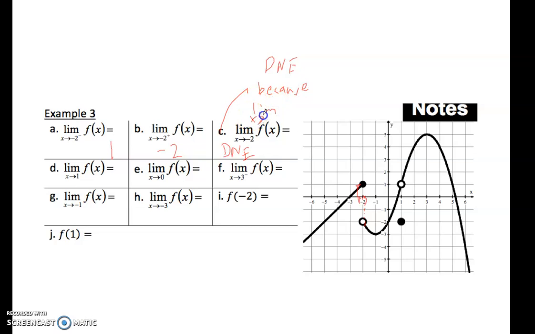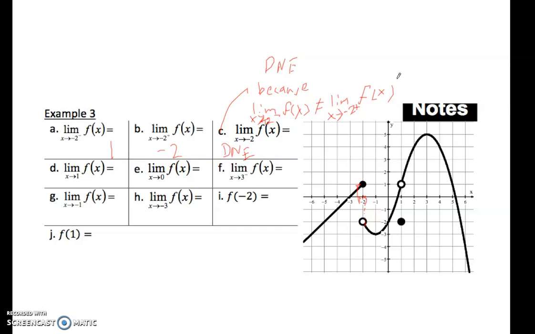Because the limit as x approaches -2 from the left of f of x does not equal the limit as x approaches -2 from the right of f of x. And if you have that in an explanation, you're actually showing mastery on using limits to define continuity, which is a skill that's going to be a few weeks into the future. So I'd like you to start thinking this way right now before it's too late.